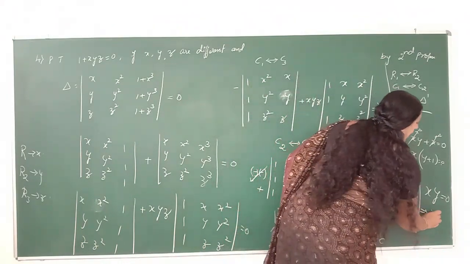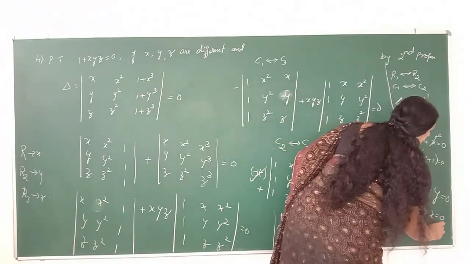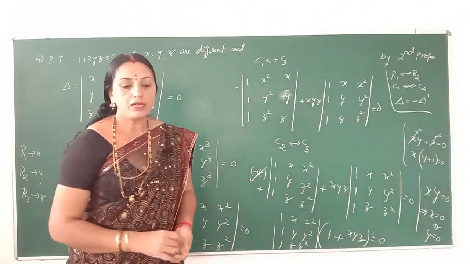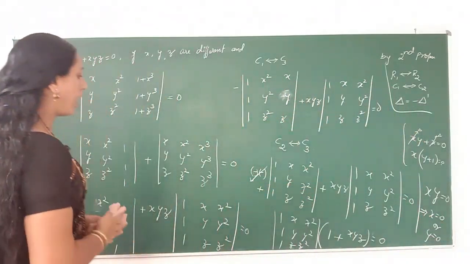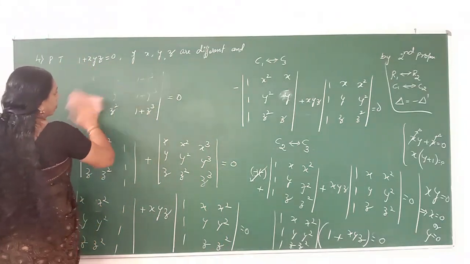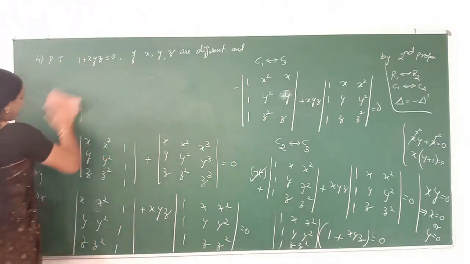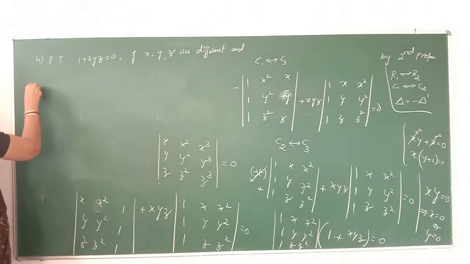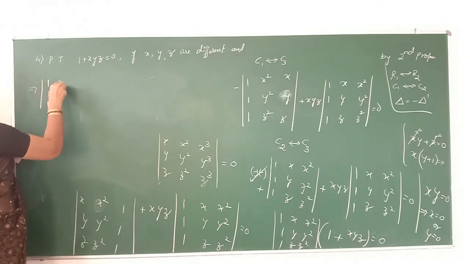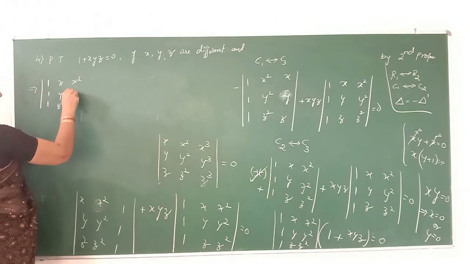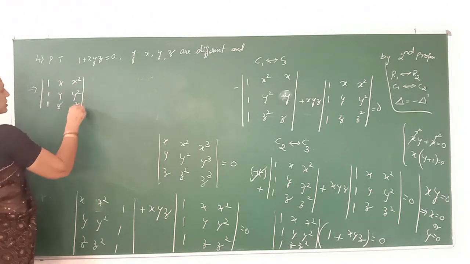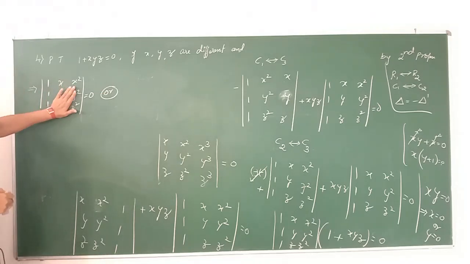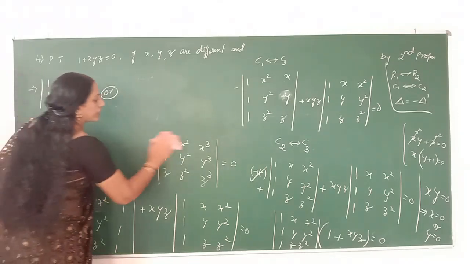This implies either x equal to 0 or y equal to 0. Therefore, either x, meaning the determinant with rows 1 1 1, x y z, x square, y square, z square, is equal to 0, or y equal to 0.